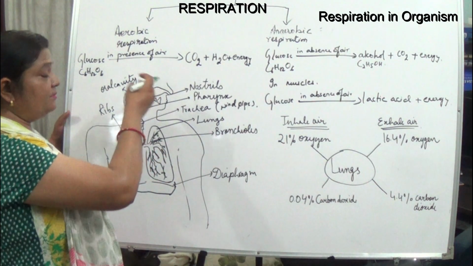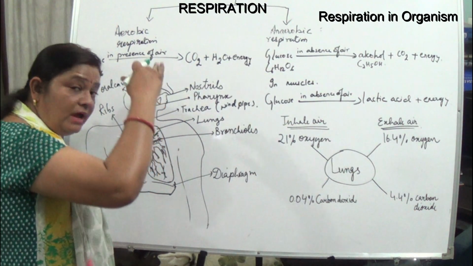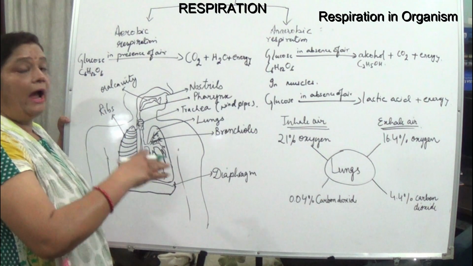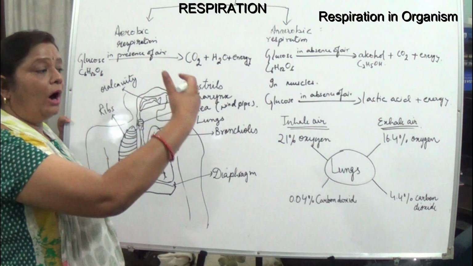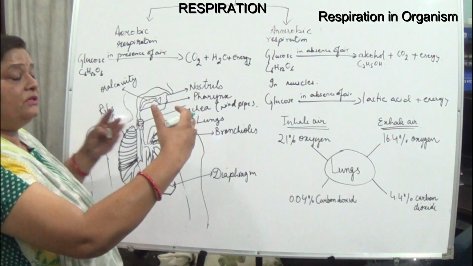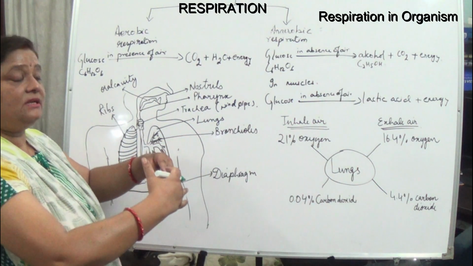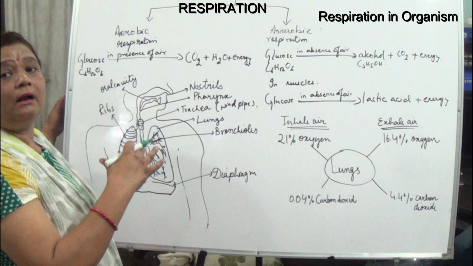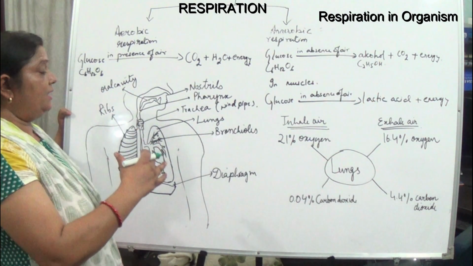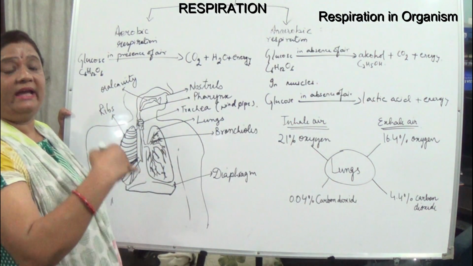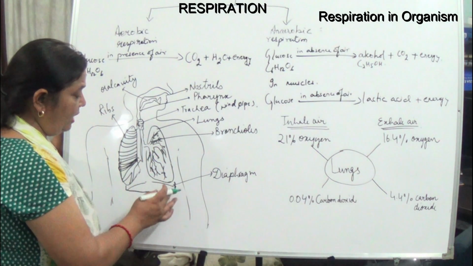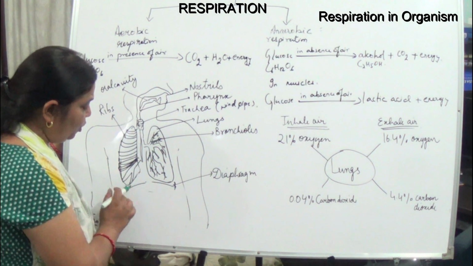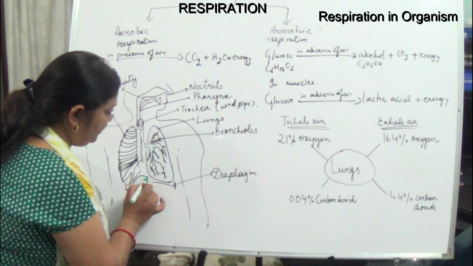When we breathe in, the diaphragm goes backwards and the chest moves forward, in such a manner that a greater amount of oxygen can be held inside. Okay. And what happens during exhalation, this diaphragm goes up.